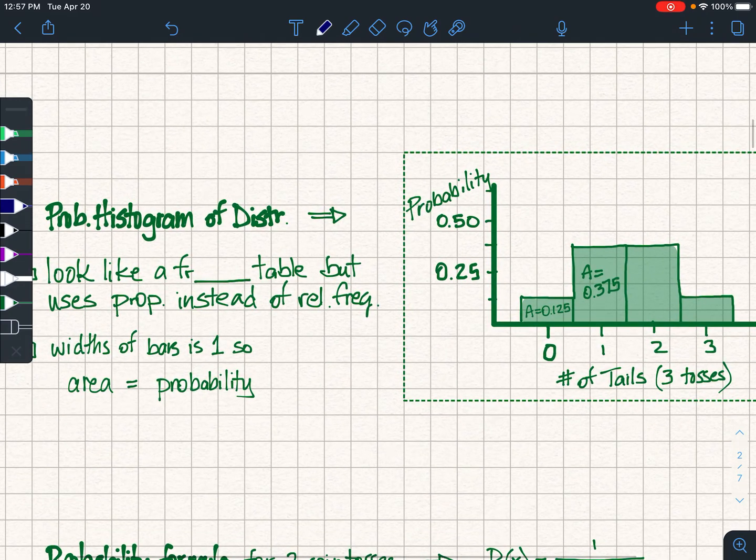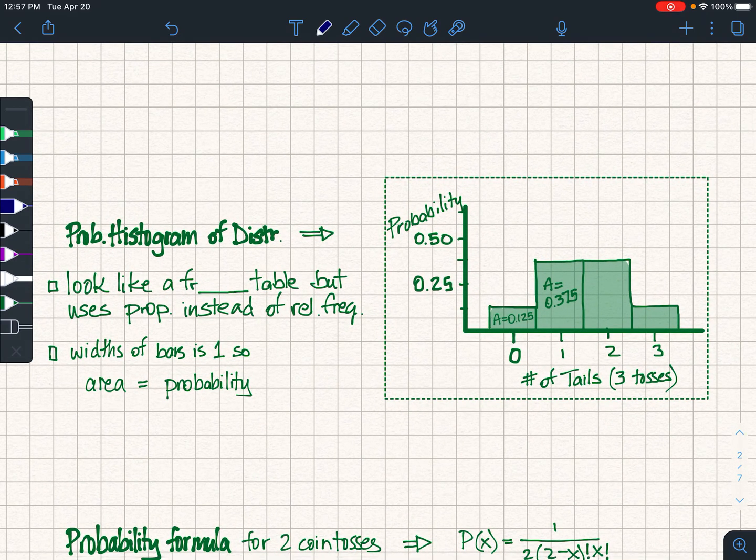So here now is a graph of the same thing, the probability histogram. Now this should be familiar because it looks like a frequency table, but it uses probabilities instead of relative frequency. The width of each of these bars also is just 1.